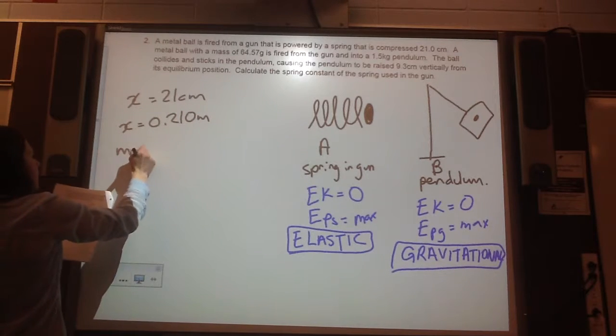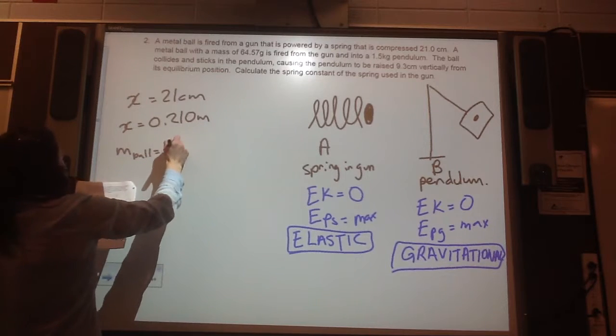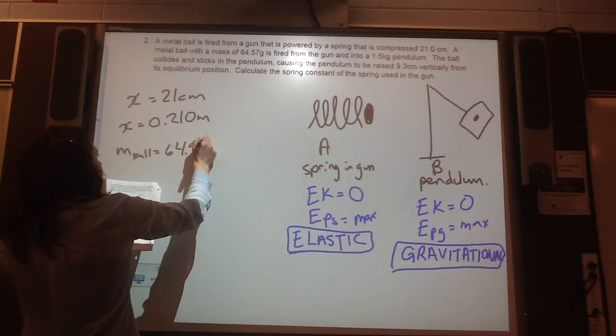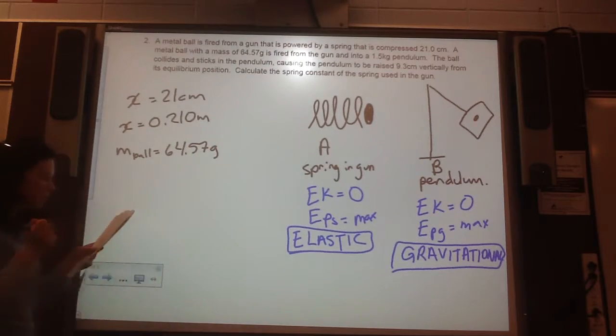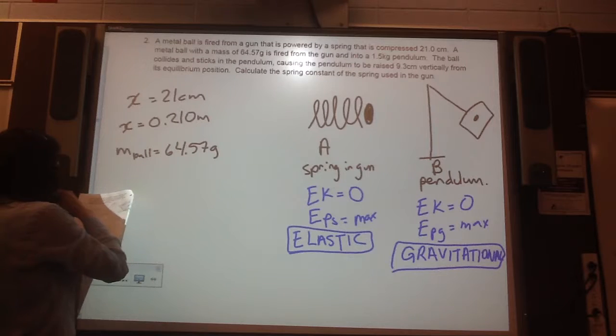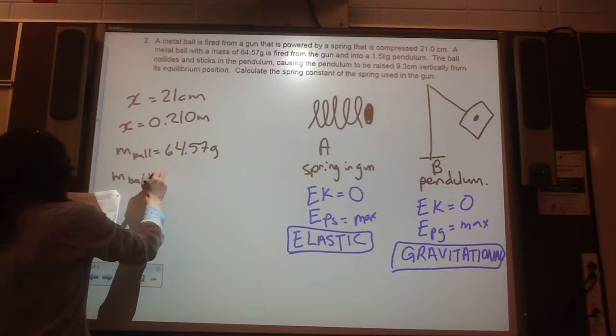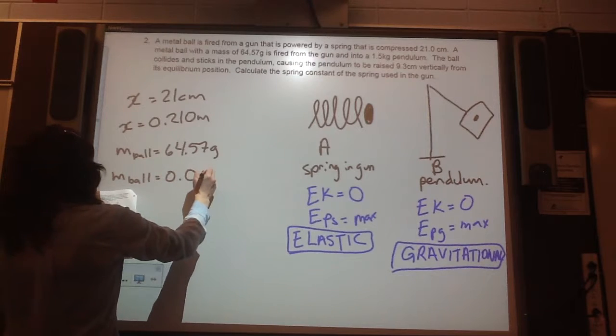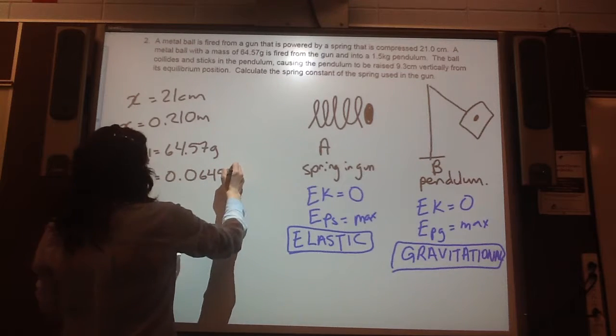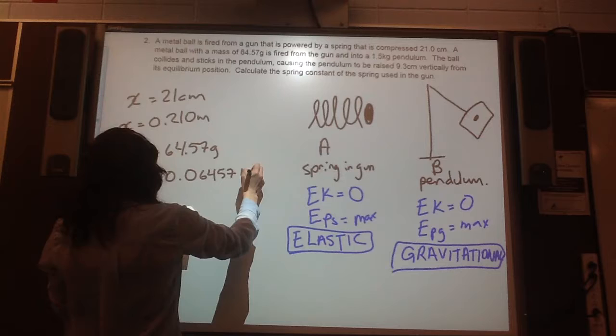Then the mass of the ball is 64.57 grams, which I need in kilograms: 0.06457 kilograms.